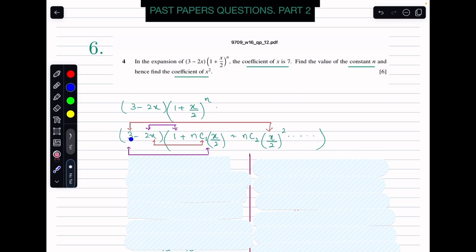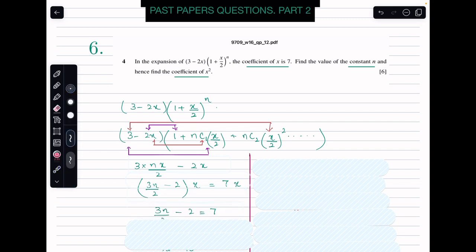So it should be 3 getting multiplied by nx by 2, and then it should be 2x multiplied by 1 here. So if we start working on it, I shall be having here 3 into nx by 2 minus 2x, and (3n by 2 minus 2) times x, which then shall be equal to 7x.